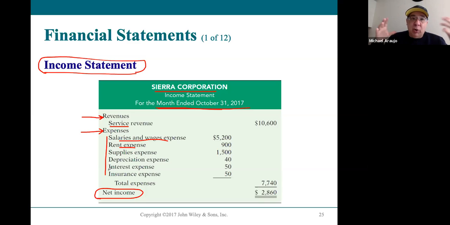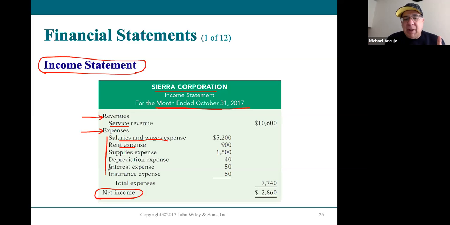The mall is owned by a real estate company, and they basically lease the space inside the mall to all the businesses that you and I shop in. And so when you go to the mall, every single store in the mall is paying rent to be there. And so for the month of October, our company here, Sierra Corporation, paid $900 for rent to keep their business open for October.